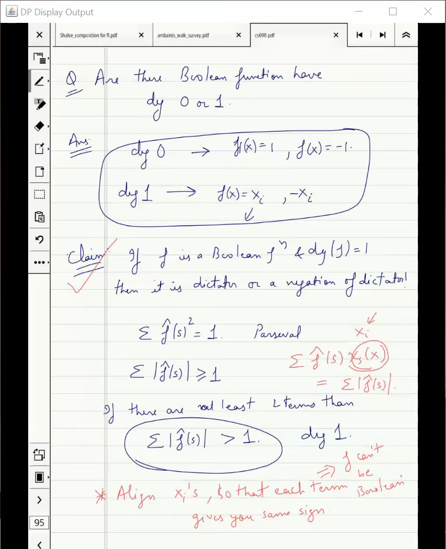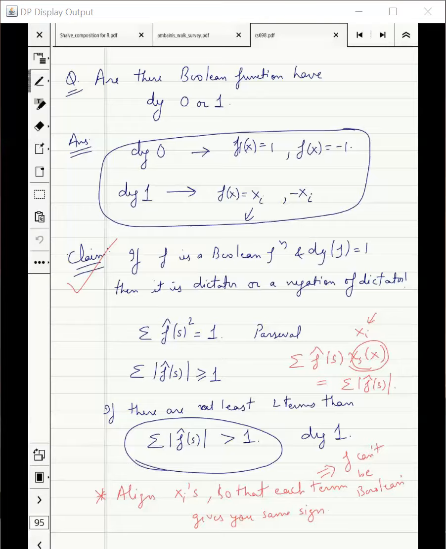Correct? Because the constant functions and the dictator functions do not depend on all n variables. You are adding extra variables without any reason. That way you can obviously make the number of variables much larger, but that's a stupid trick.